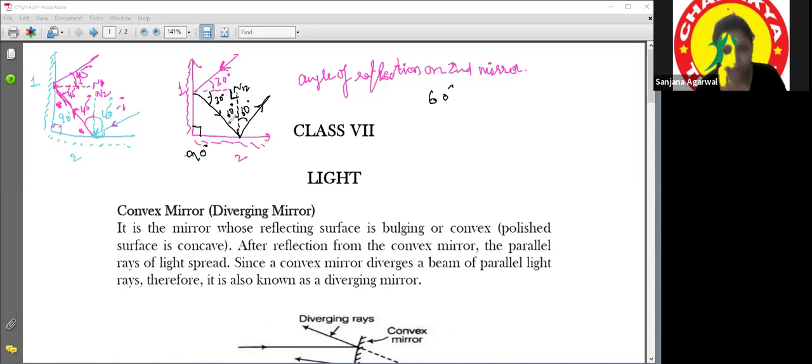So at the grade 7 level, if a question is asked, they will give the two mirrors at 90 degrees only, because in other cases more complexity will enter. So at least you should know the basics. That's why I'm telling you this. Got it? Fine. Is it okay? Yes, ma'am.